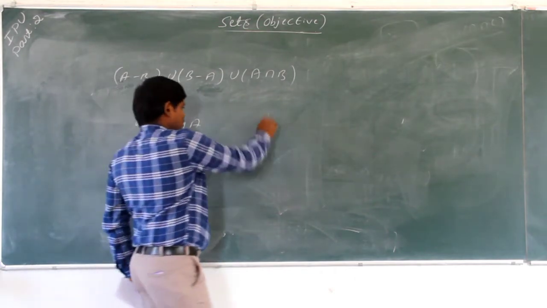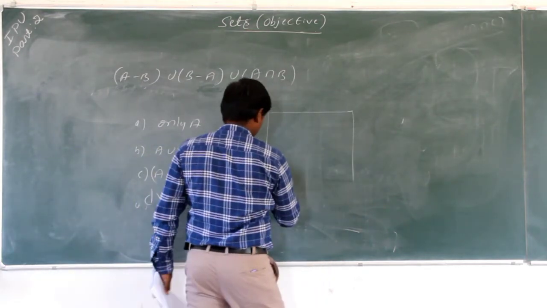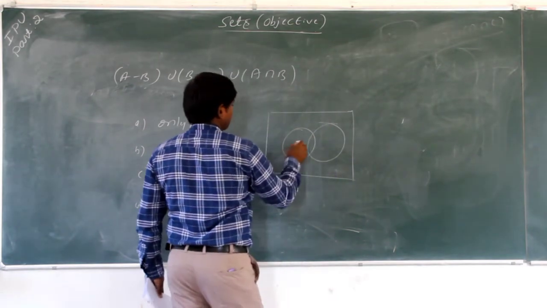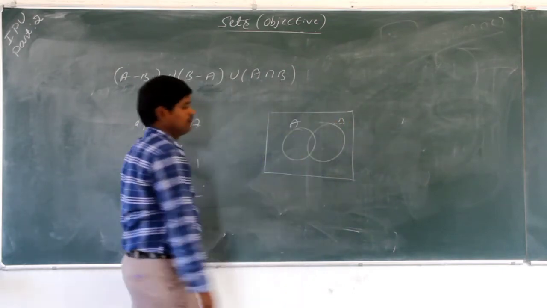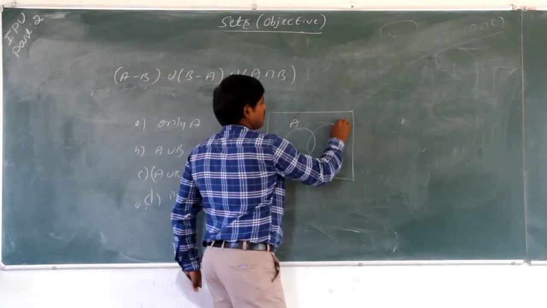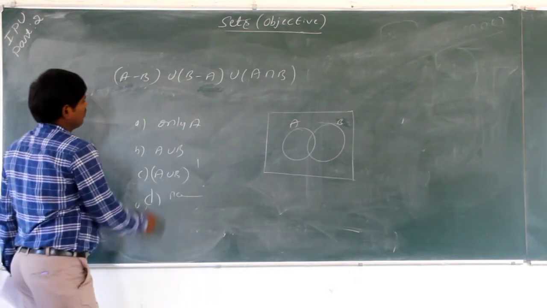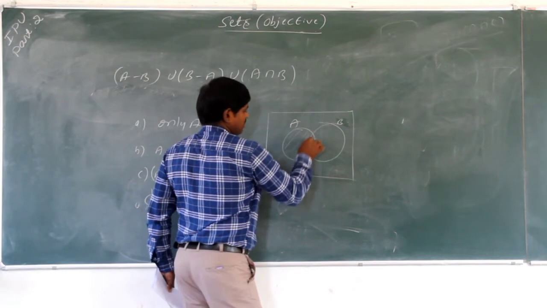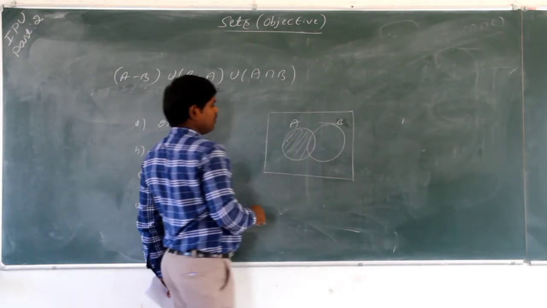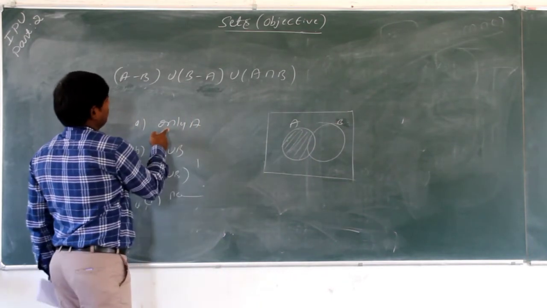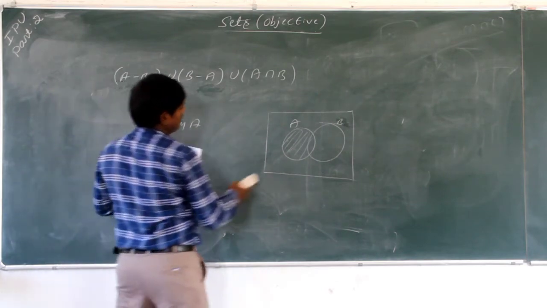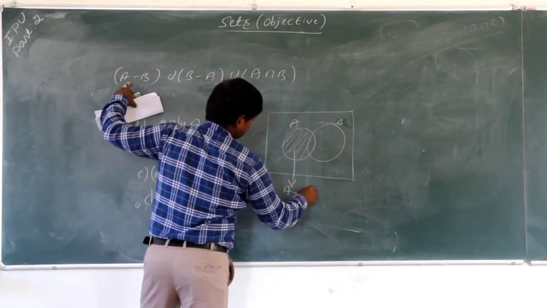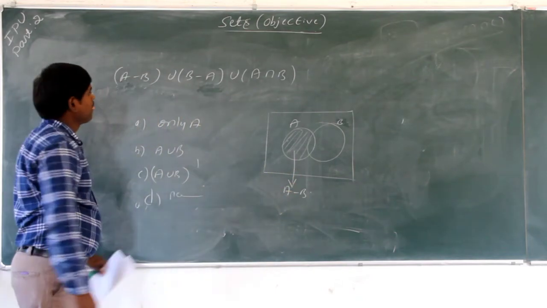It is better to go through the Venn diagram. Suppose I am taking A here and B here. So this is set A and this is set B. This region is only A, so A minus B is this region.